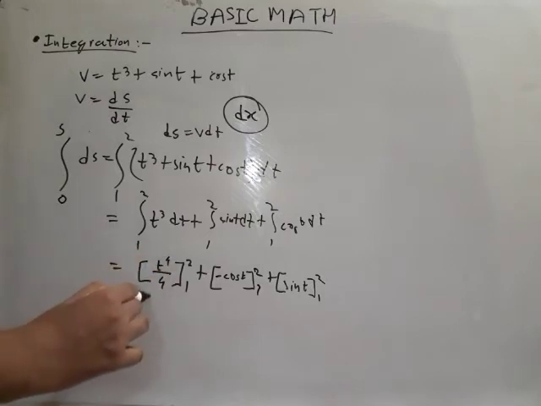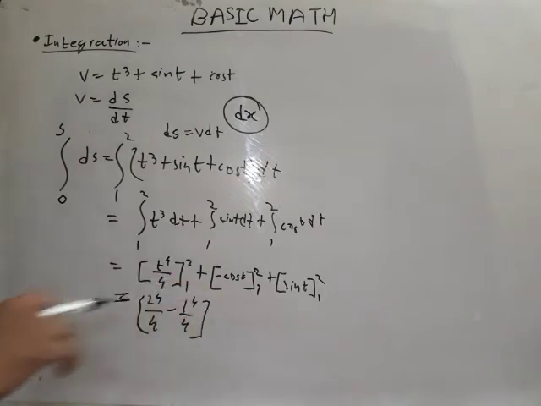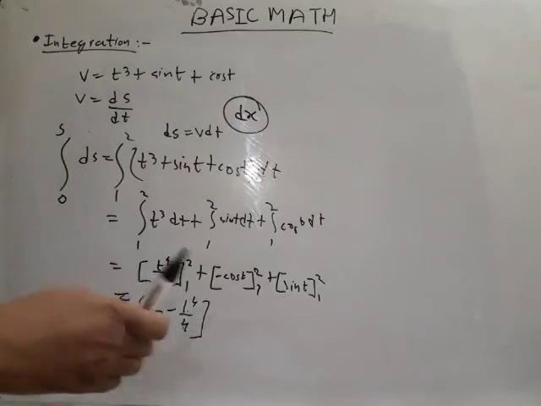So 2 to the power 4 by 4 minus 1 to the power 4 by 4. Like this you can calculate for all terms.